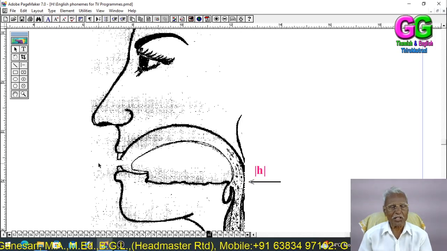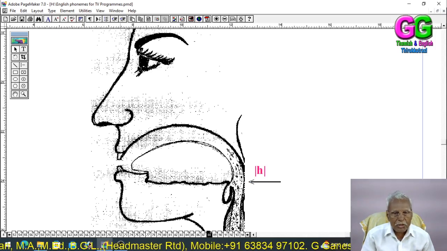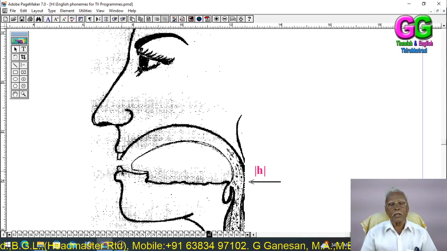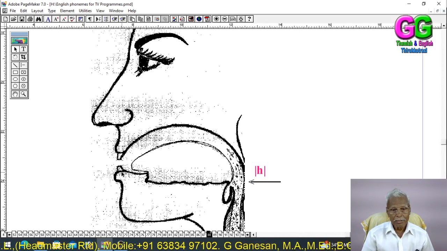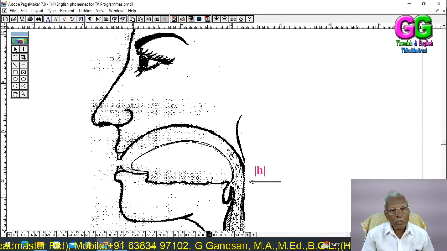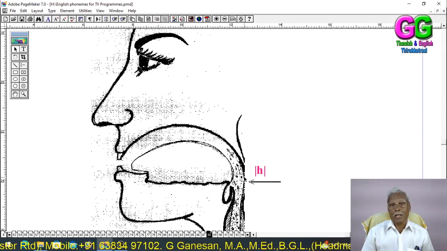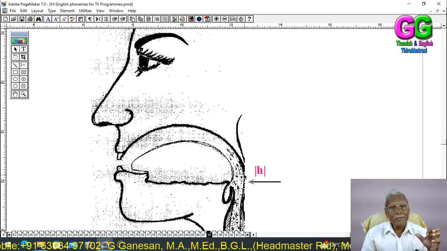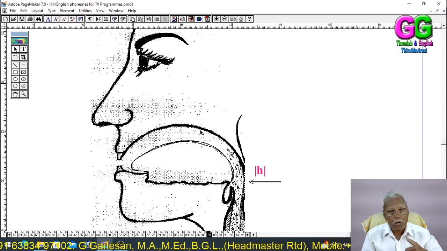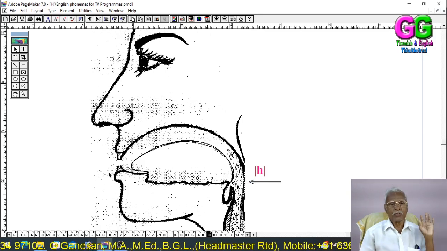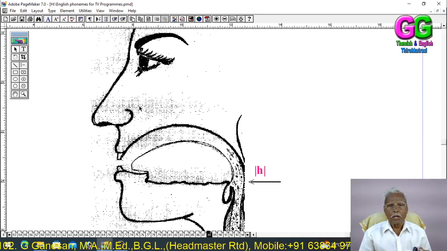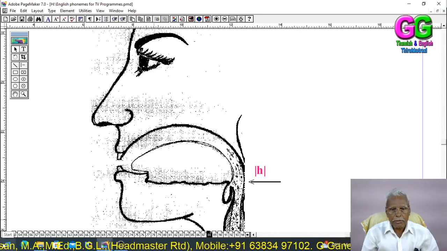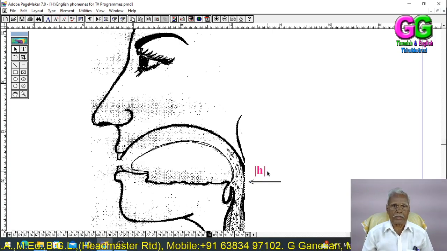This is the way of producing the glottal consonant h.